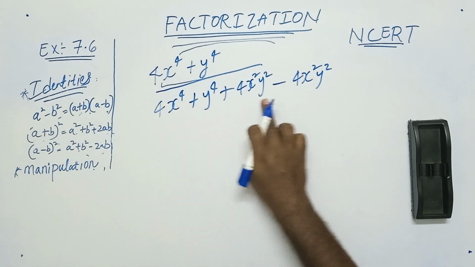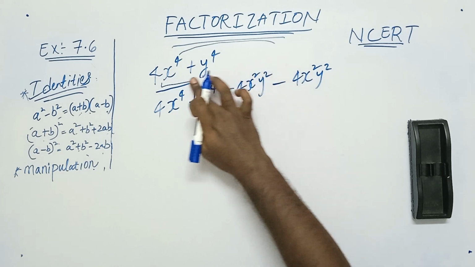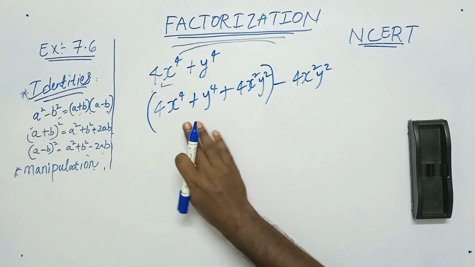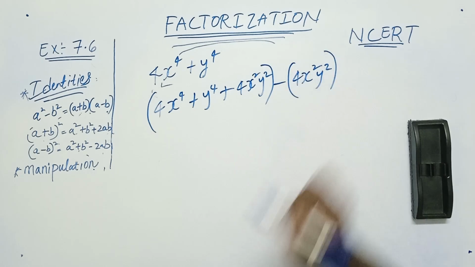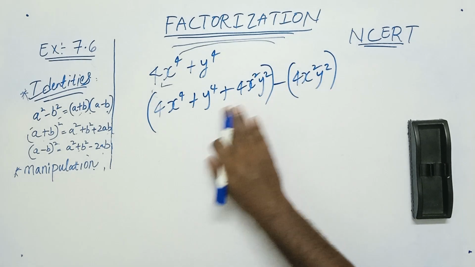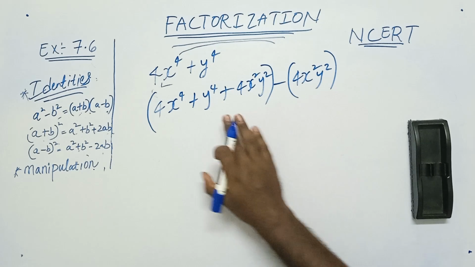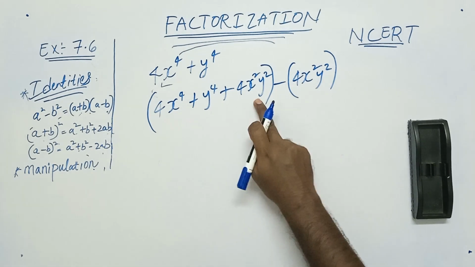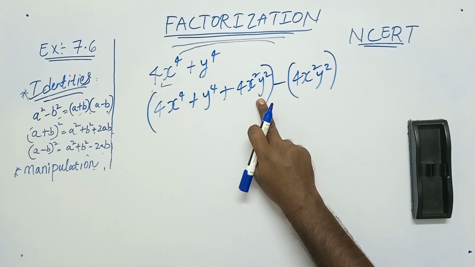So what I'm going to do now is consider this as a group. Now this becomes another group, right? After manipulation, we have to group them so that we are able to deal with the values. So I'm going to deal with the values within the bracket.